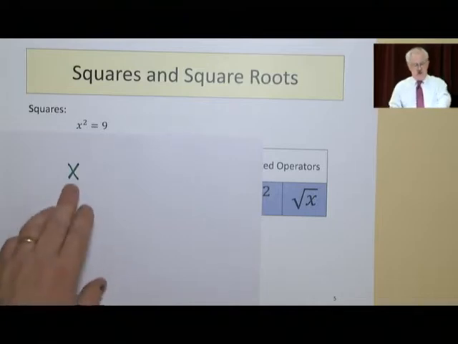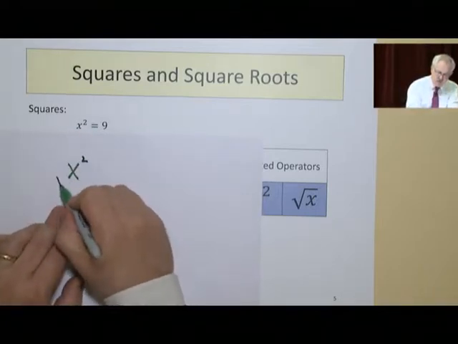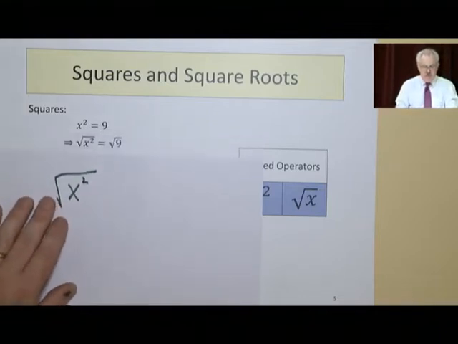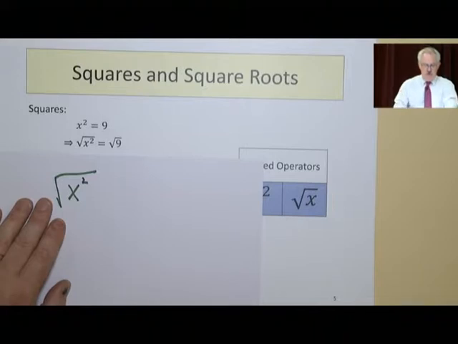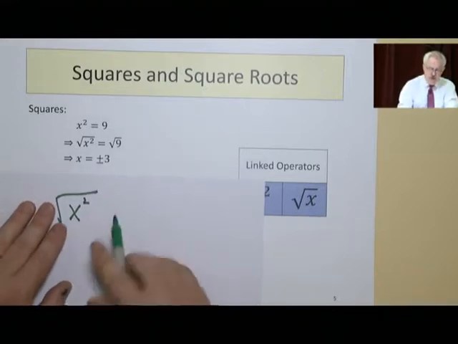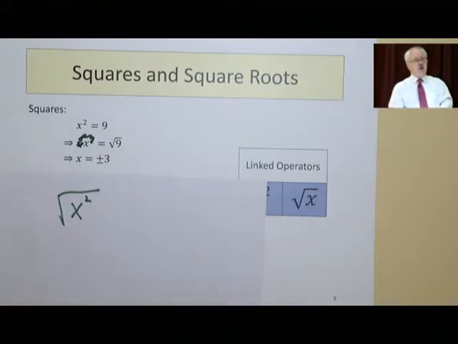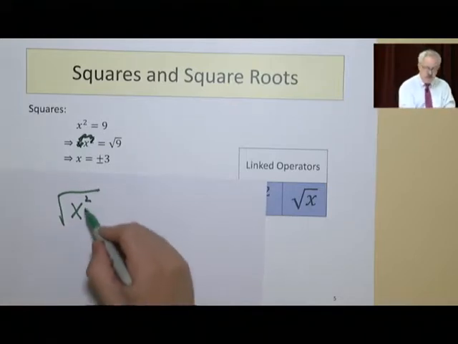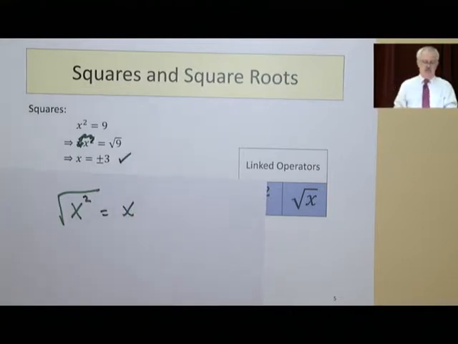So how will I get rid of the 2? Well, if it's a square, the opposite of that must be the square root. So if I take the square root of both sides, the equation still holds. But the square root of a square clears it. That's the unlocking bit. So the square root of a square is just x. So x is plus or minus 3.